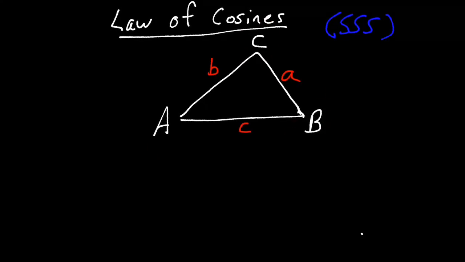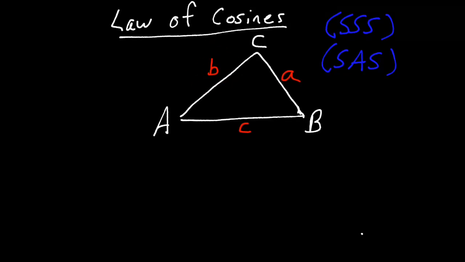Also, if I know two sides and the angle between them, that's important. Two sides and the angle between them. That is the side angle side relationship from geometry. If the angle is not between them, we can't use the law of cosines. That would be a law of sines problem.